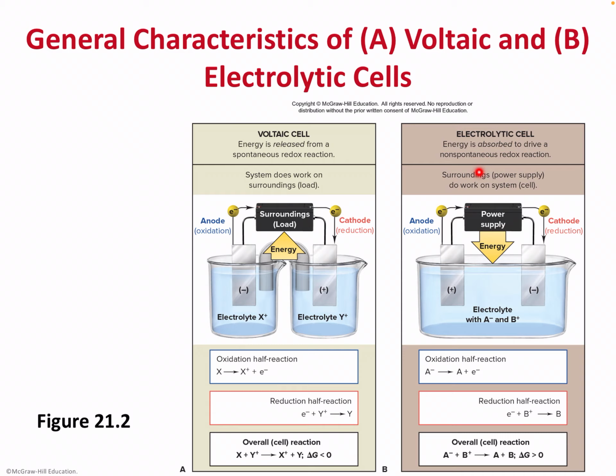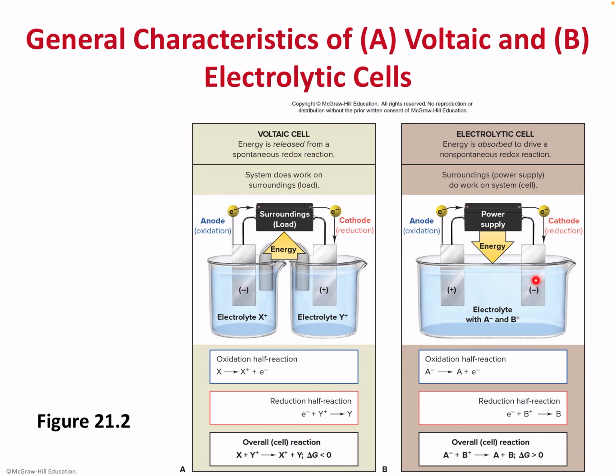In an electrolytic cell, energy is absorbed to drive a non-spontaneous redox reaction. In the surroundings, there should be a power supply to do the work on the system, which is the cell. Again, you have the electrolyte with A minus and B plus, the anion and the cation. At the anode oxidation takes place, and the cathode is where the reduction takes place.